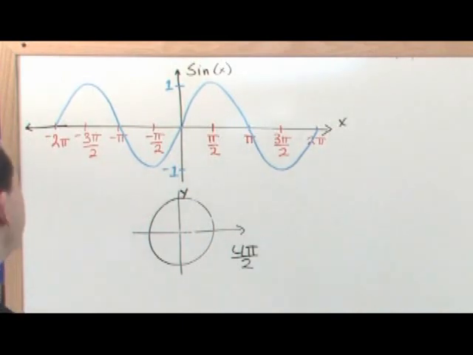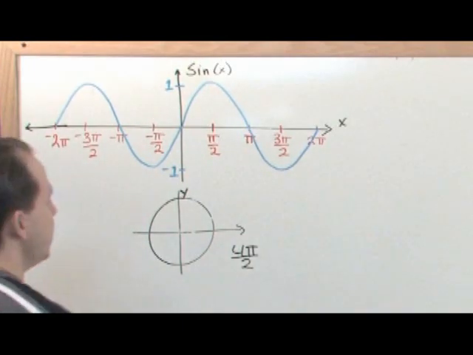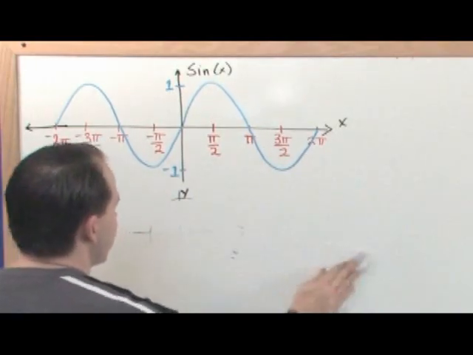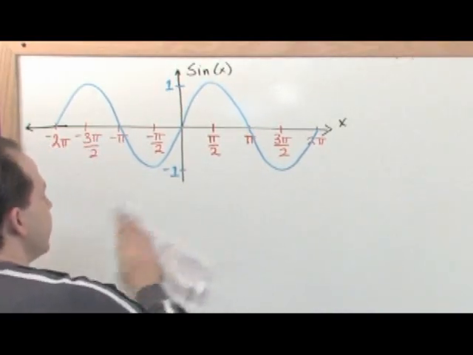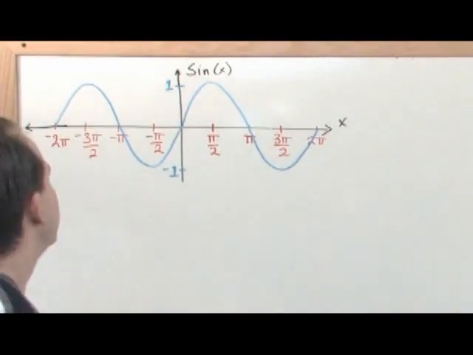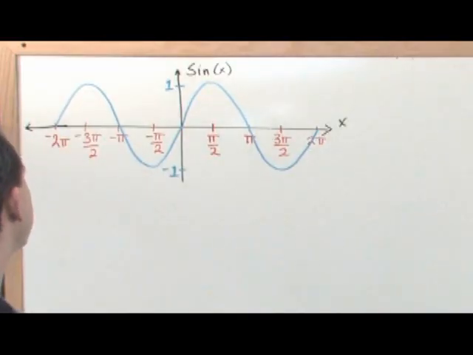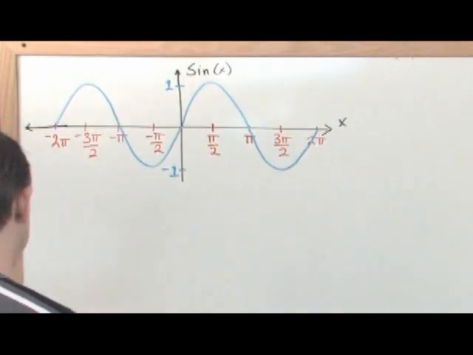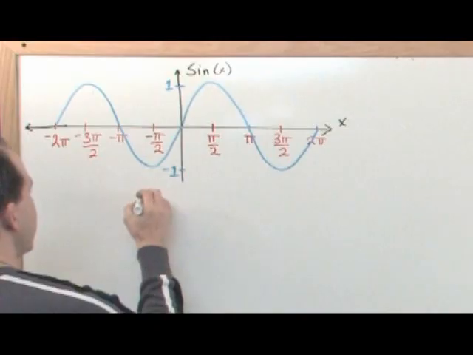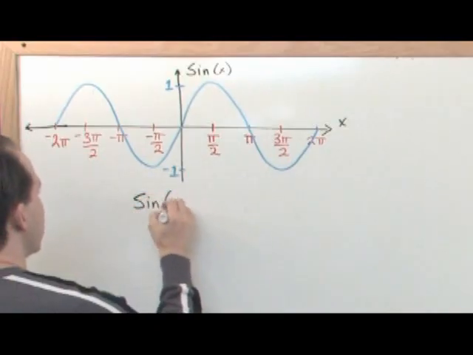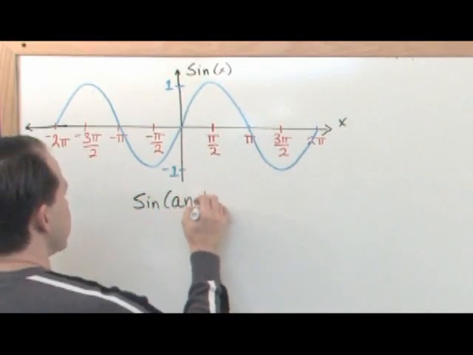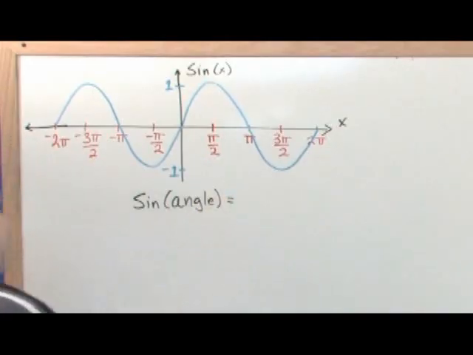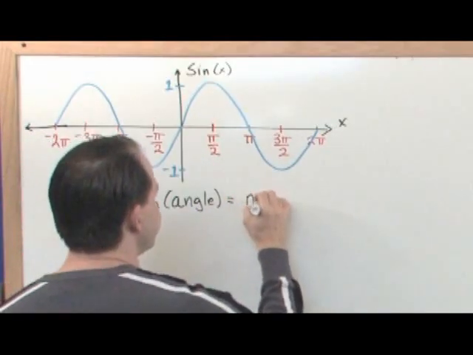So that's all review, but I want to put it on the board because what you'll see in a minute is pretty important. Here you have your sine function that you've studied for a long time and used in Cal 1 and Trig and other classes. Now what I want to call to your attention is the obvious. If you take the sine of an angle, what you get back out of that operation is a number.